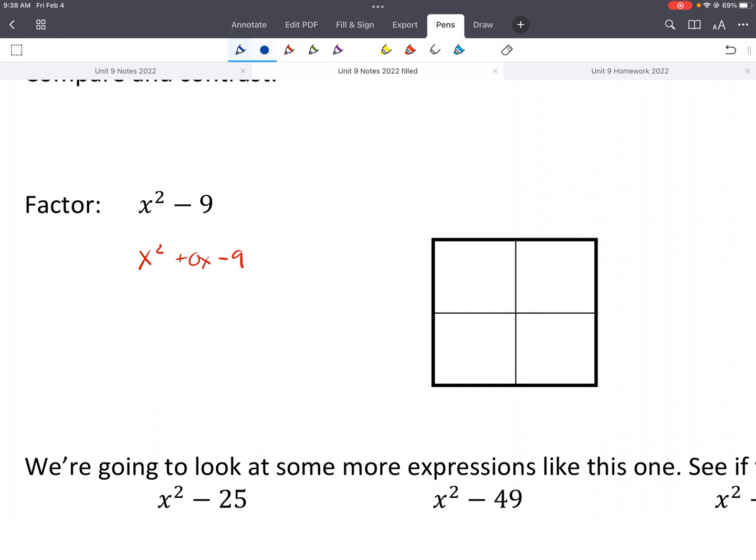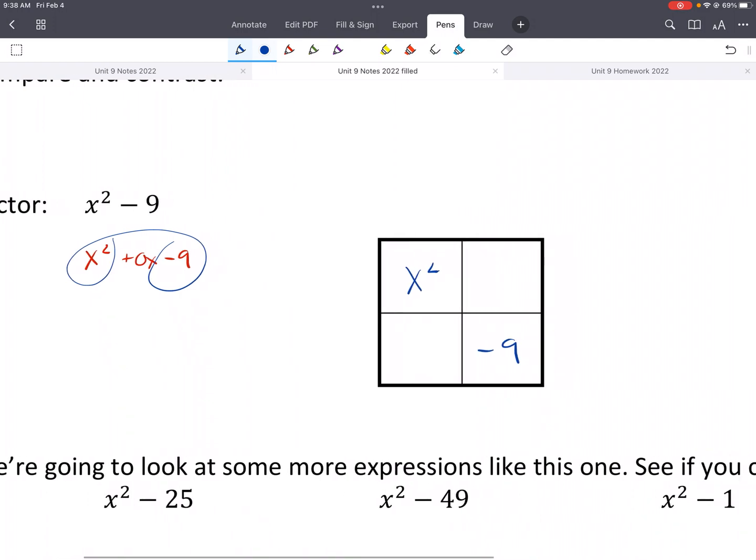There's no greatest common factor here, so we can go straight to our glasses. We know this goes here and this goes here. We just need to figure out what to change that 0x to so we have 4 terms. We need two things that multiply to give us negative 9x squared, and this time add up to give us 0x.